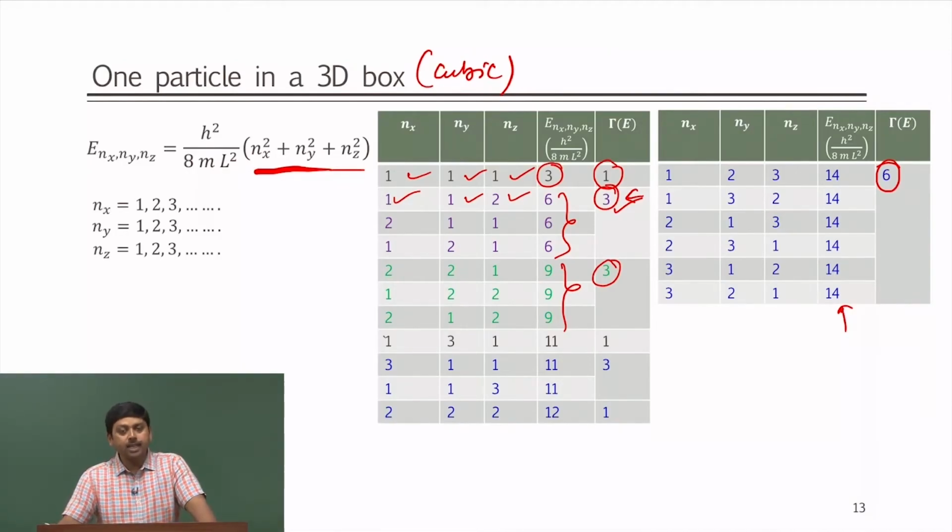So, the point here is that if either the dimension or the number of particles or the accessible states changes, then that gives rise to more possibilities, more microstates, and this quantity W denotes the number of microstates for a given energy. And you can see that the number of microstates for a given energy also increases.